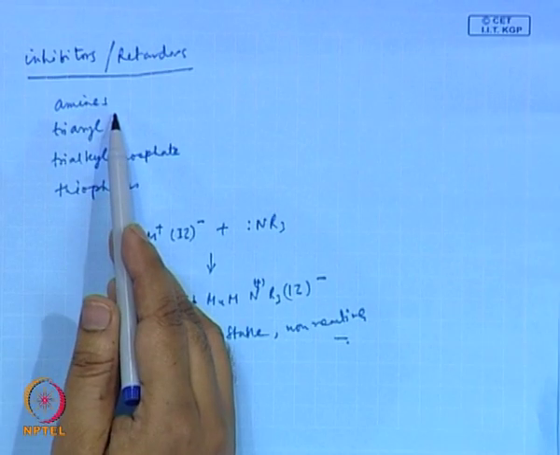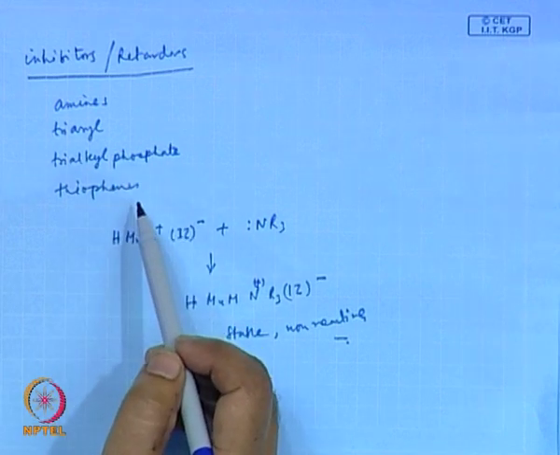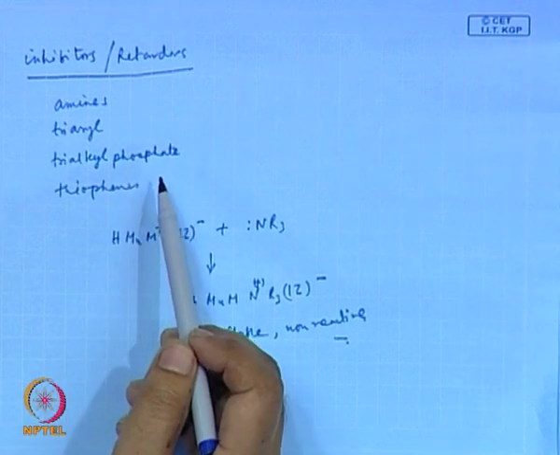In this case also there could be other reagents, which if you add or present as impurities, can retard or inhibit the cationic chain polymerization. For examples, amines or triaryl or trialkyl phosphates or thiophenes can act as an inhibitor.